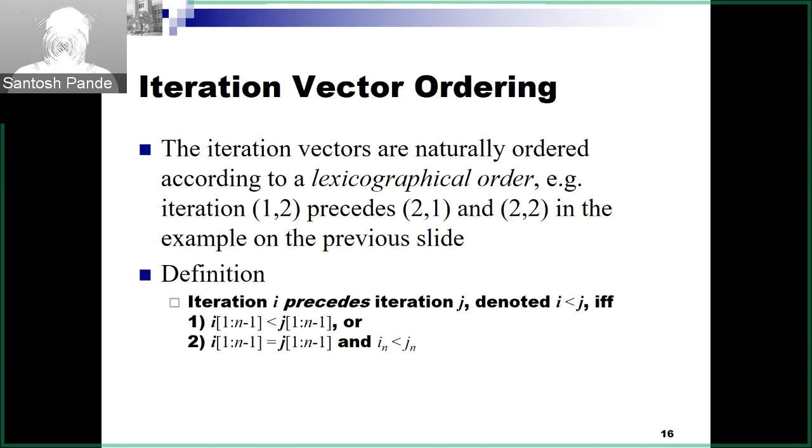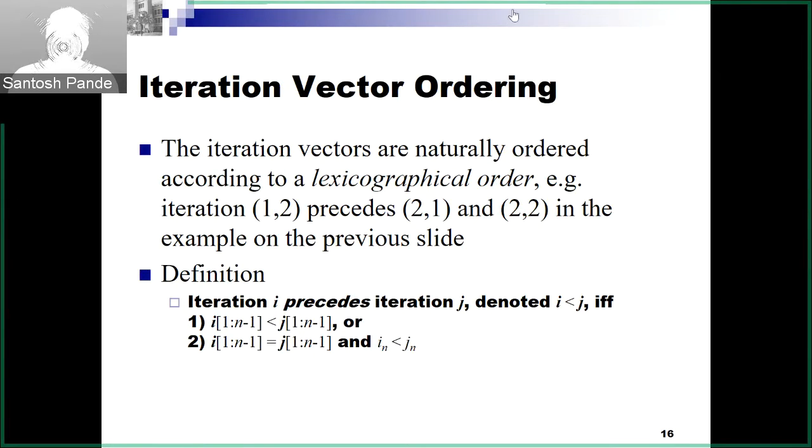Or it's such that all these different components are equal, but the last component of I, which is in, occurs before j, which is jn. So that's very easy to see.